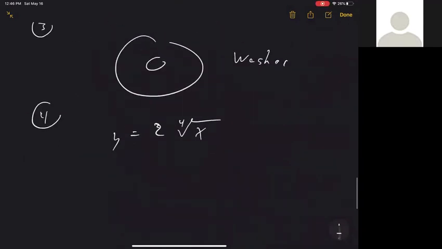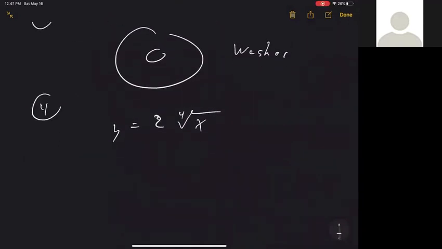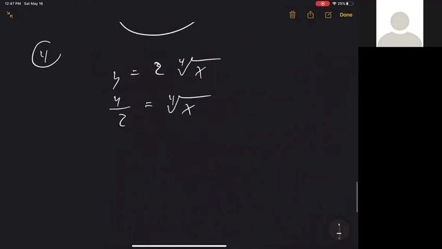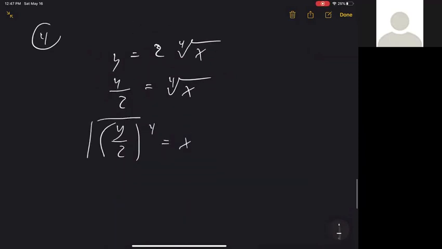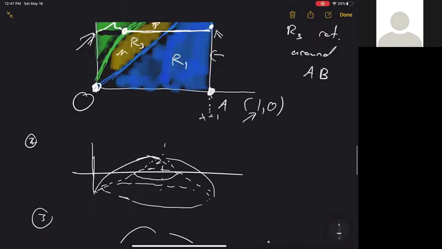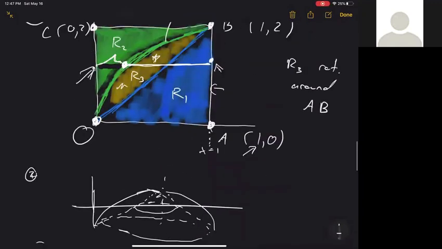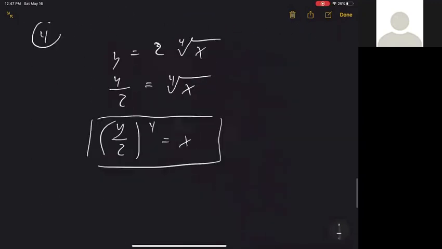And I want to find out what the x-coordinate of that is, so I need to solve for x. So my x-coordinate is given by this, and my outer radius should be 1 minus that thing.